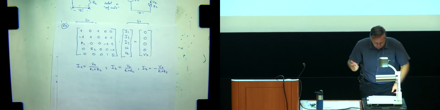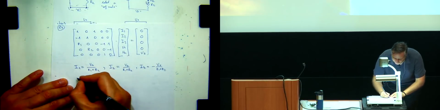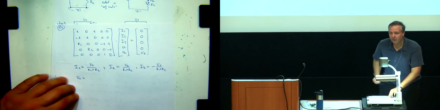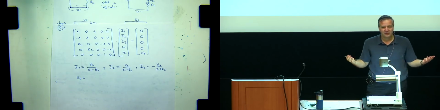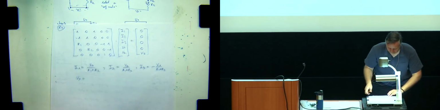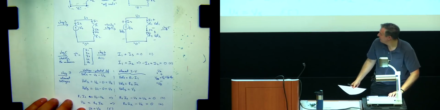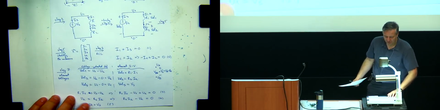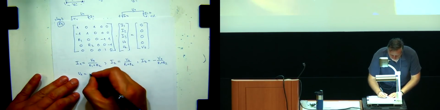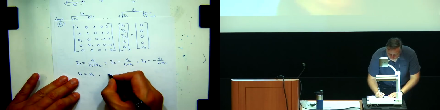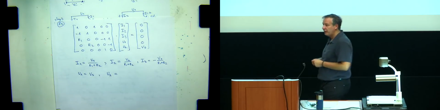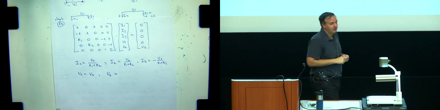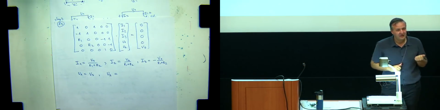Okay, so now, what is U1? We kind of knew that even before solving anything. That was just Vs. If you look at this thing here, it was just Vs, so we really didn't have to solve, just read it off. But U2 is actually not just a rock band, but it's also a very interesting result here.